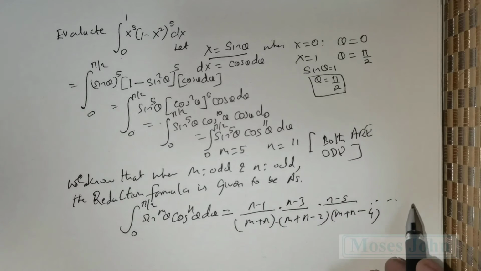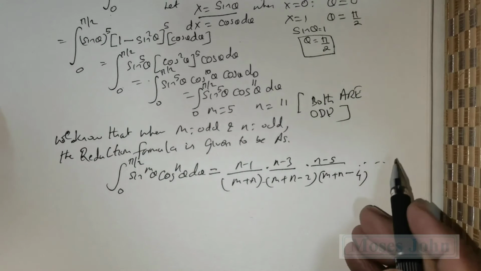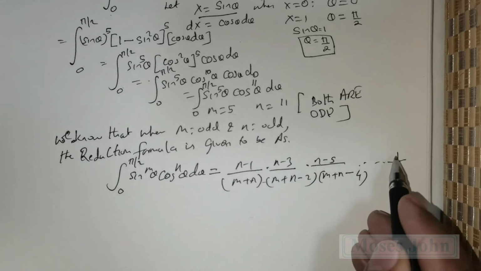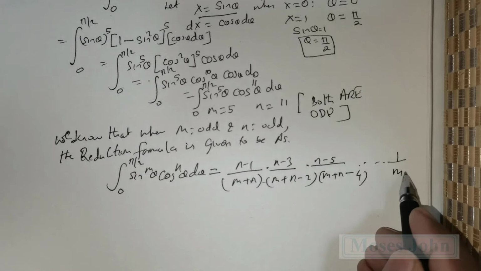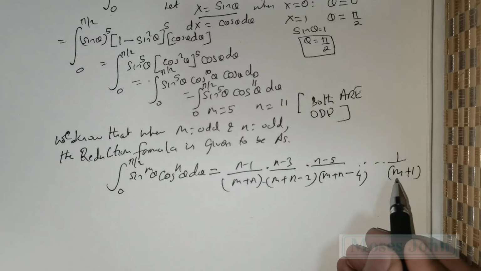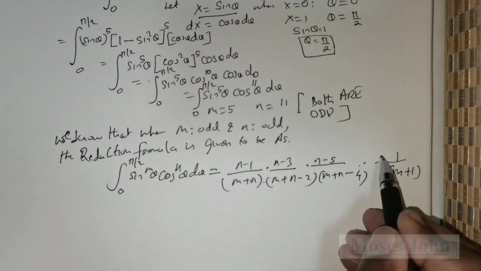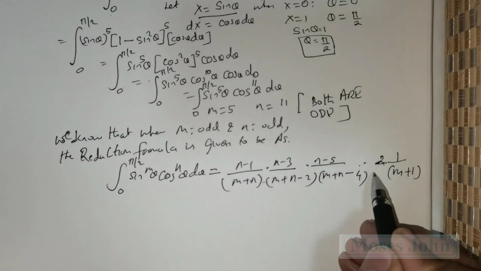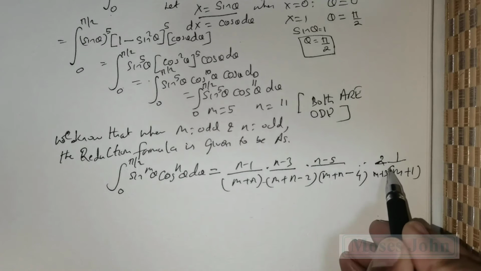The last term that you will encounter is 1 over m+1. Of course the previous term would be 2 over m+3.